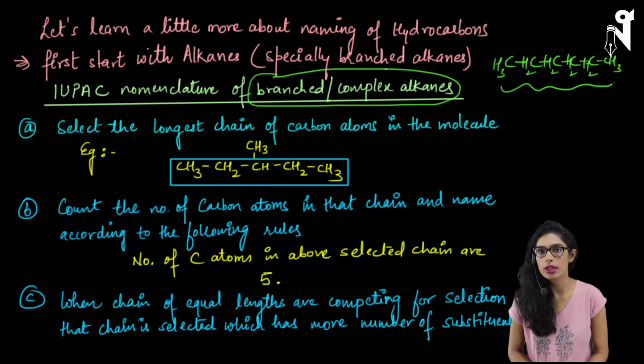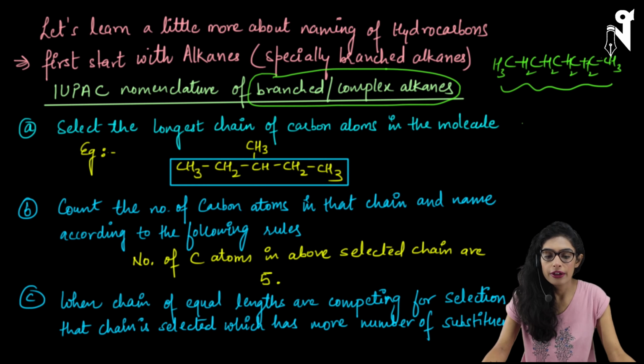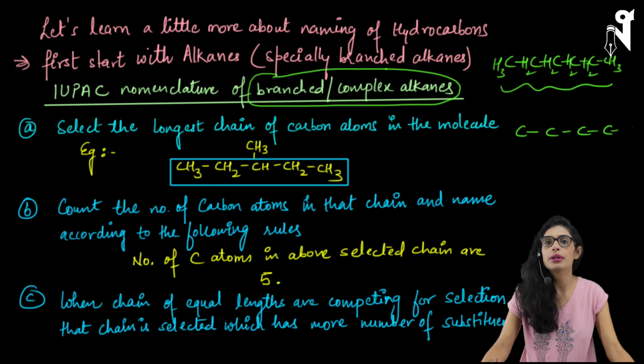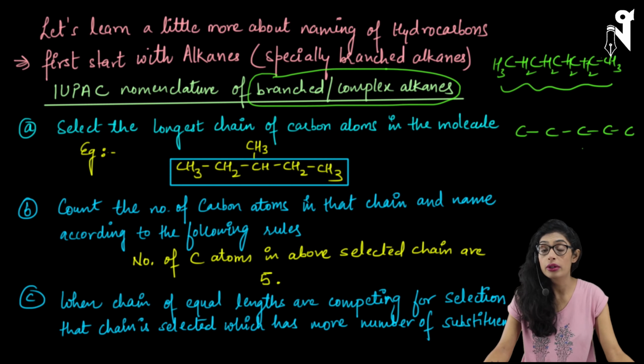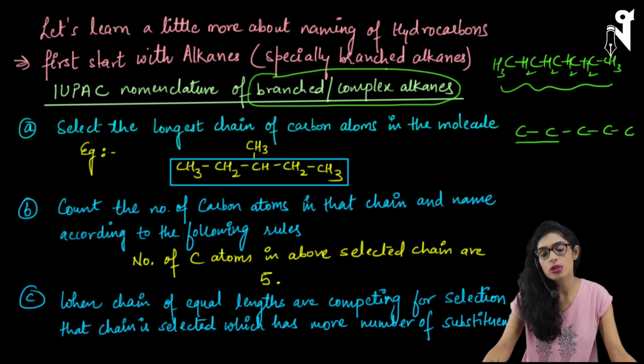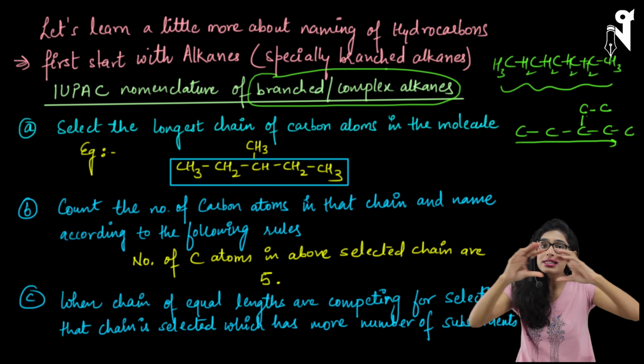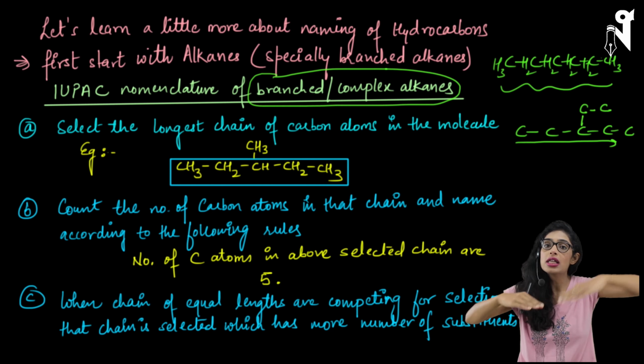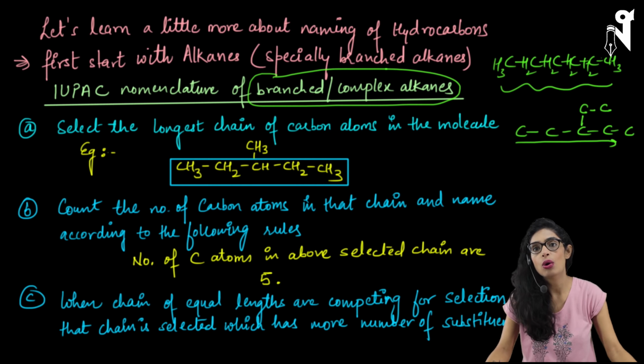This is your normal straight chain alkane. Now, if I place my carbons like this, see, we know that hydrogens will be there to fulfill the valency, so I'm not bothered about hydrogens. But see, your carbon chain is growing horizontally, and if I write it like this, your carbon chain has grown vertically also. So it's not like a simple straight chain. It has one attachment separately also.